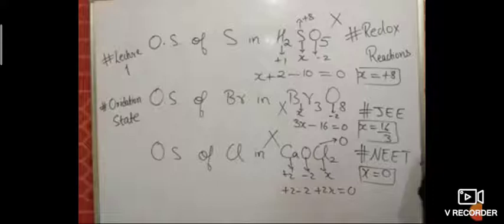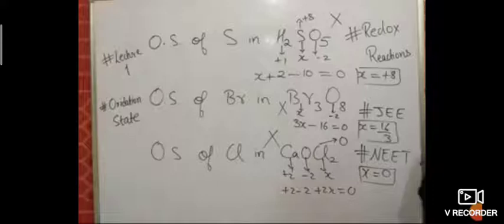The element which is leaving the electron is electropositive, and the element which is holding that electron is electronegative. That is known as oxidation number. It is positive if the atom loses control over the electron, and negative if it gains control over the electrons.